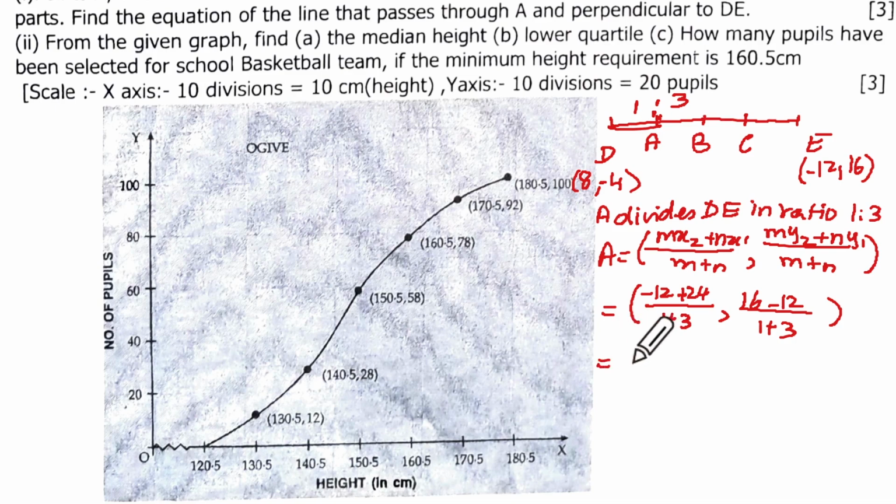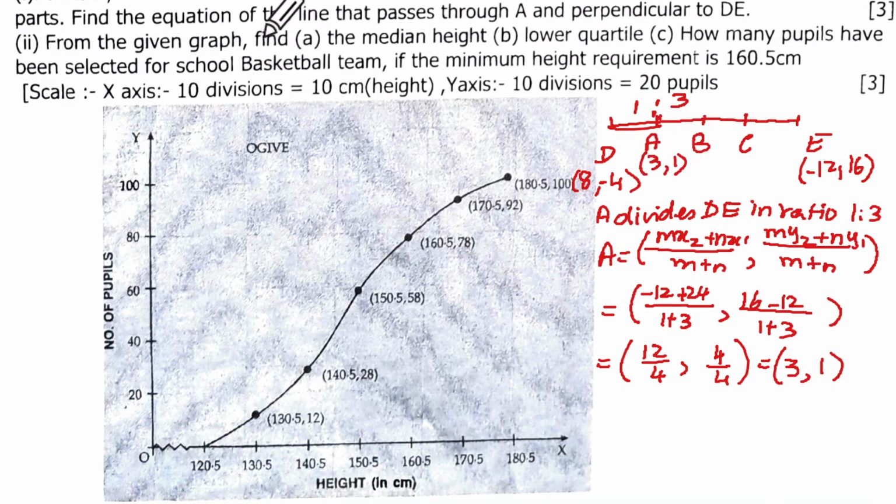How much are you getting here? 12 upon 4, which is 3, comma 4 upon 4, which is 1. So this is your 3 comma 1.